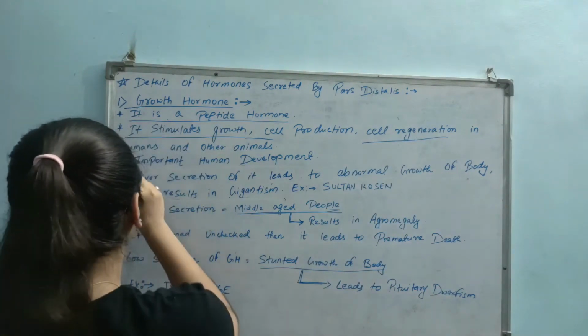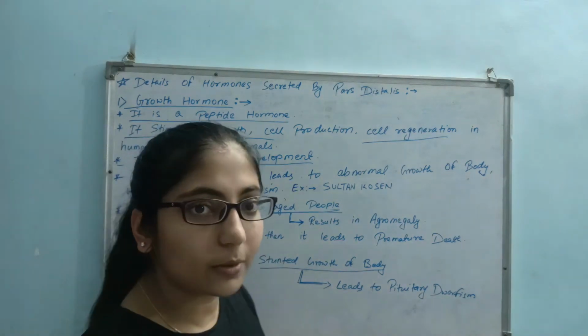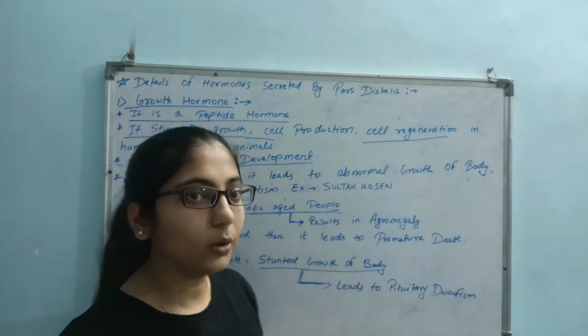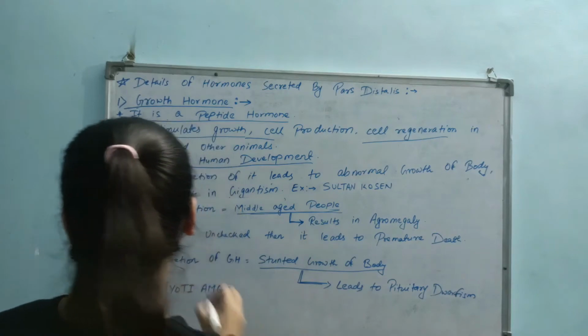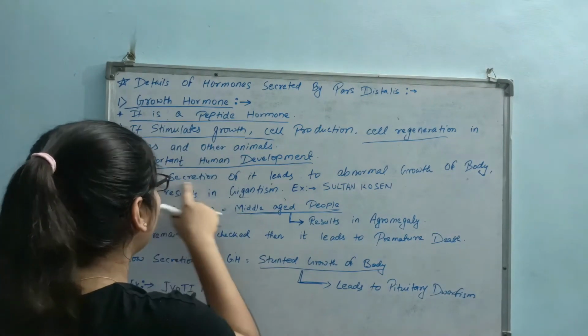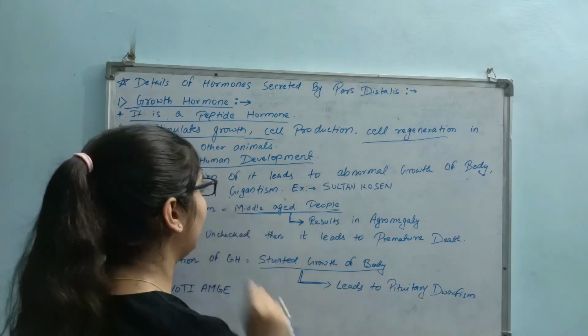Now third feature is it is very important in human development. For all over human development, this growth hormone is very essential. Fourth feature is its oversecretion leads to abnormal growth of the body, which results in gigantism.